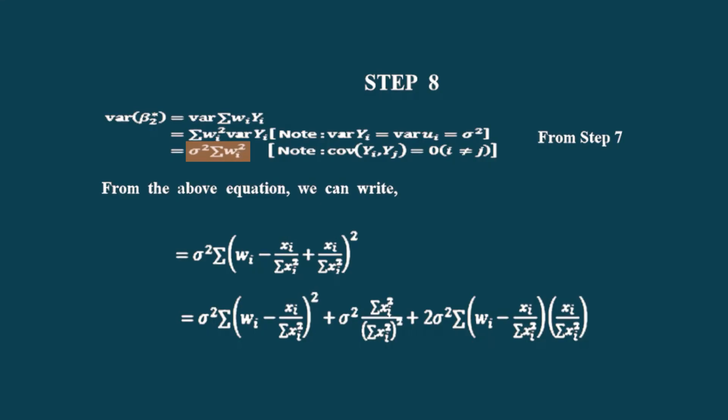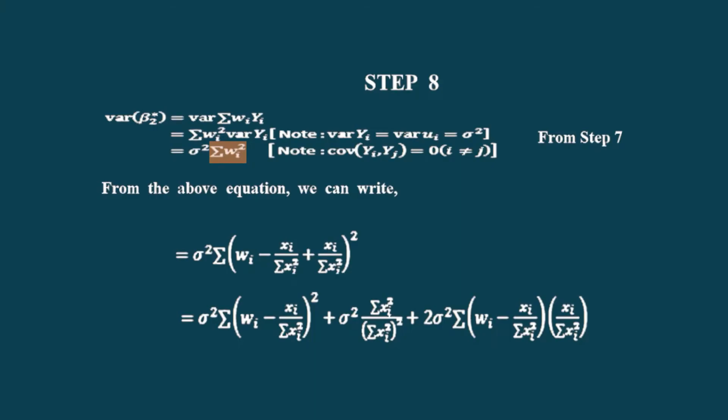Now let us expand this wi square. So what we get in the next step is equal to sigma square summation. What we have done is that this wi square is written in this way just to take account of two terms.